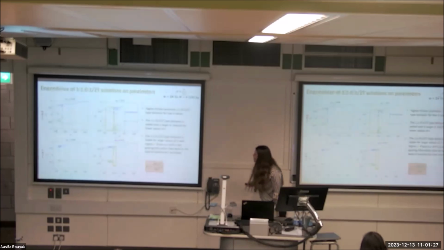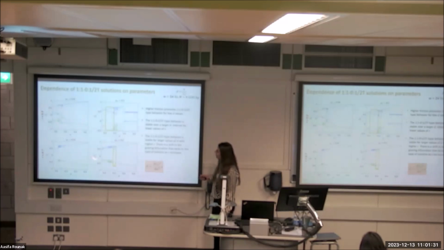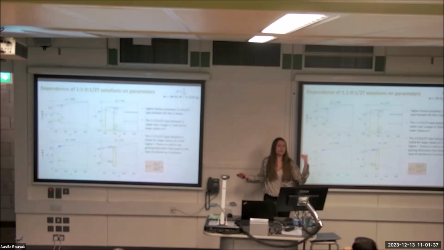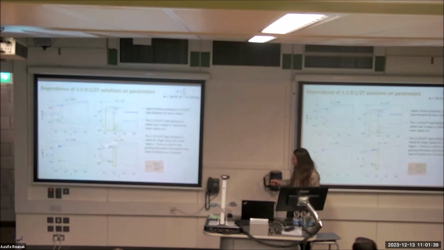And so I'm just going to show very briefly that for different values of restitution coefficients, even though you might not see this type of solution in your numerics, analytically, we again can introduce our maps to find those solutions, maybe for smaller parameter regimes. So this is for higher restitution coefficient.